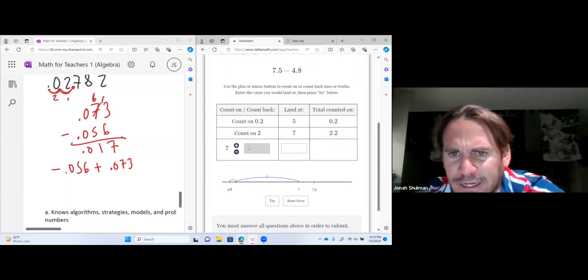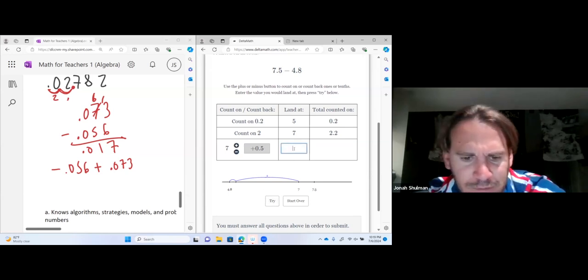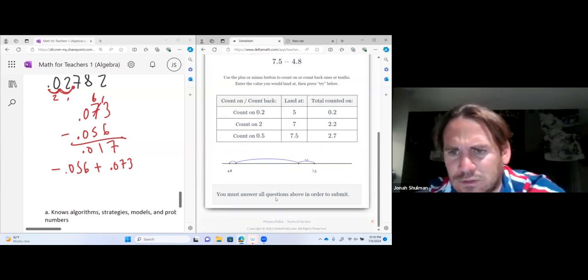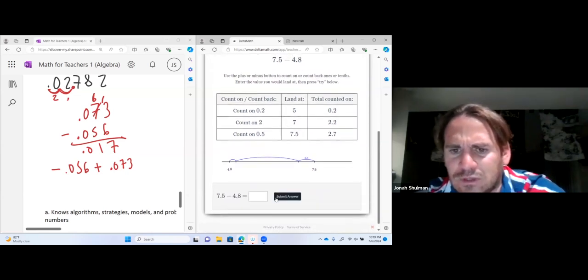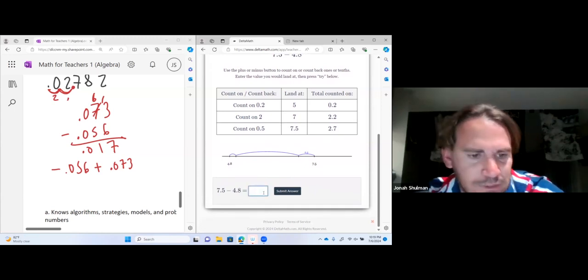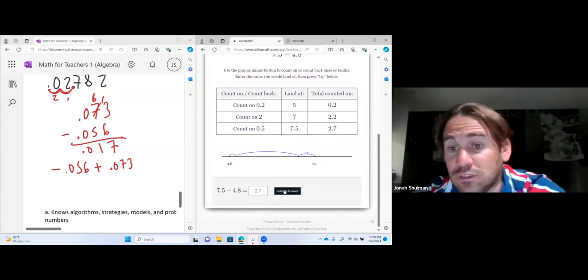Boom. And then I got to add 0.5 more. It's going to move to 7.5. Nice. So we just have to do the amount we counted. How much did we count total? 2.7 is the answer. This is really tricky for me.